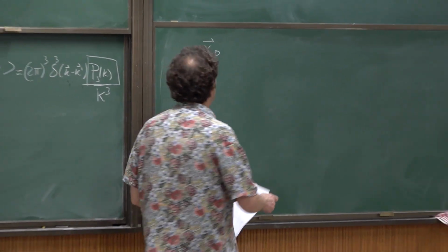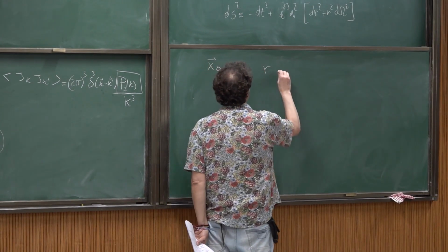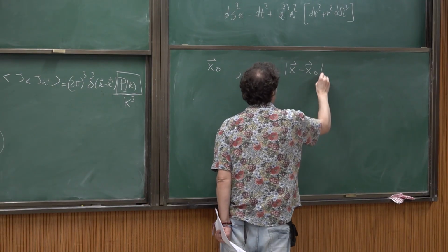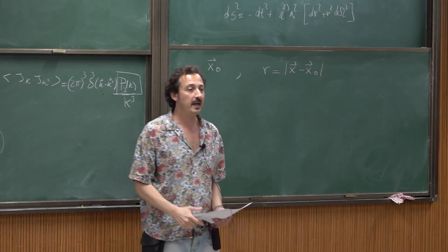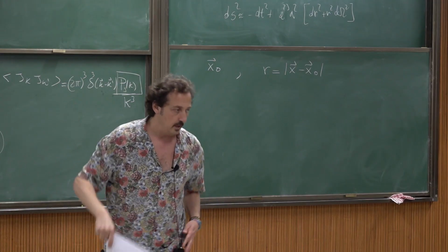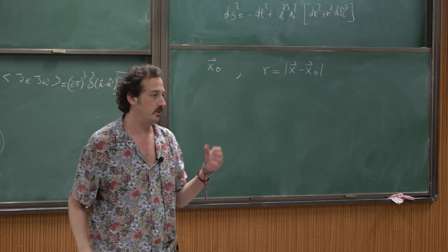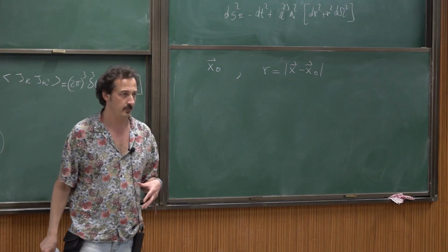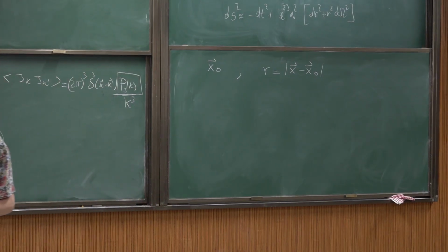Around there, I can define a radius, which is the modulus of x minus x con 0, and the metric is invariant under rotation of this displacement with respect to x con 0. That's the idea.